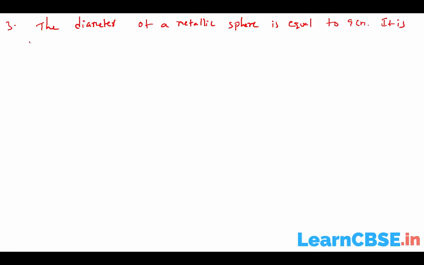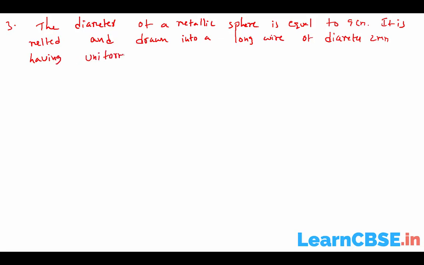It is melted and drawn into a long wire of diameter 2 mm having uniform cross section. Find the length of the wire.